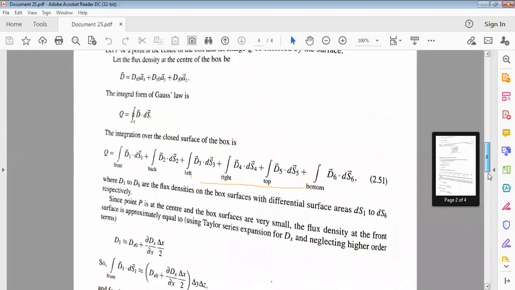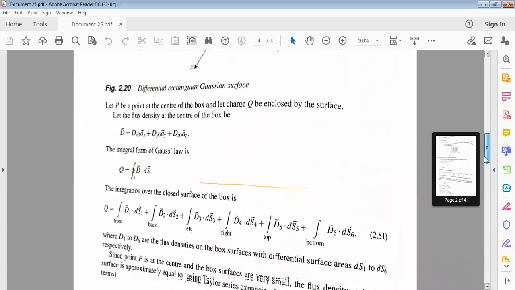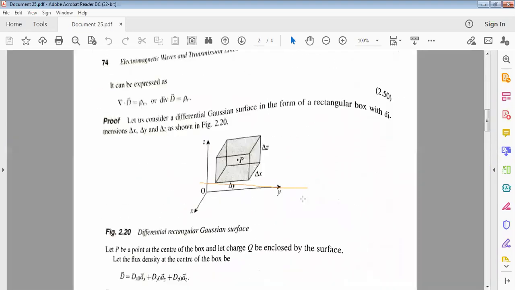Now come to the actual concept. Let us consider a differential Gaussian surface in the form of a closed rectangular box with dimensions delta x, delta y, delta z in the Cartesian coordinate system x, y, z.